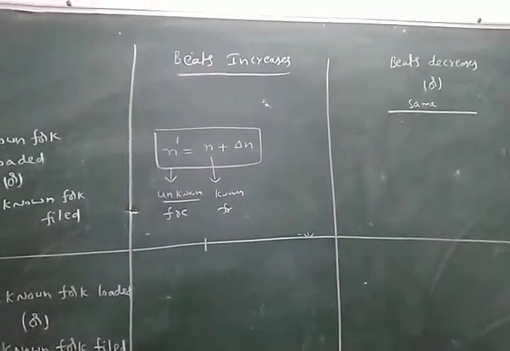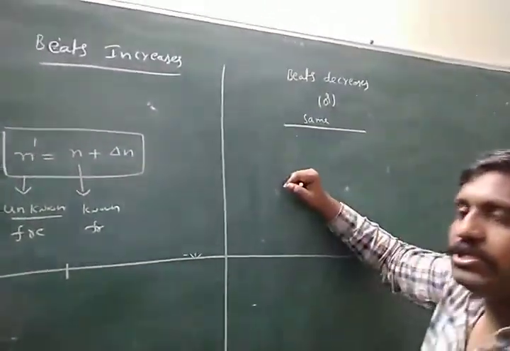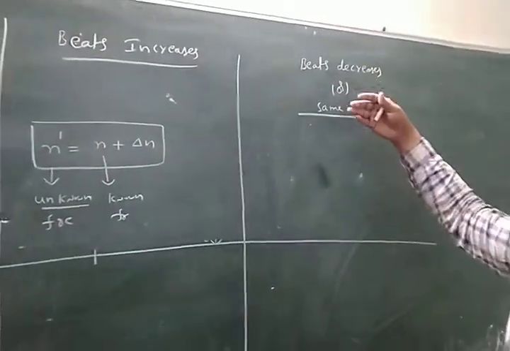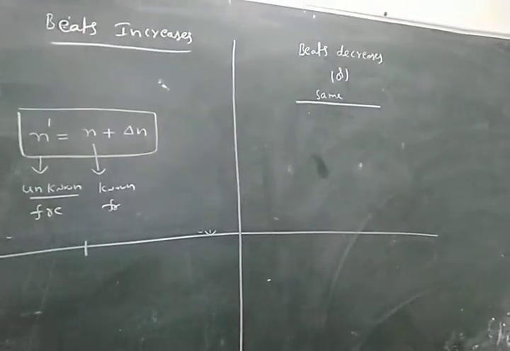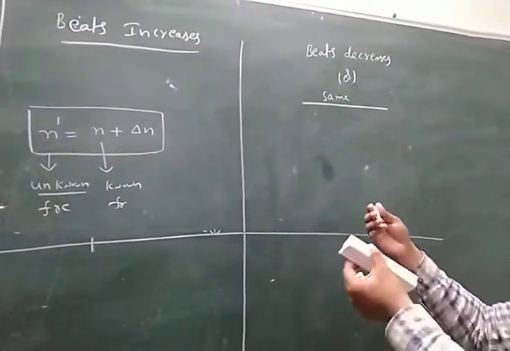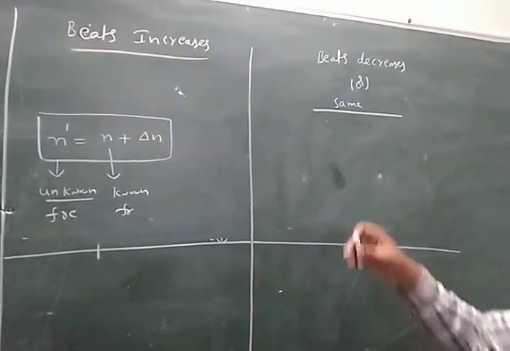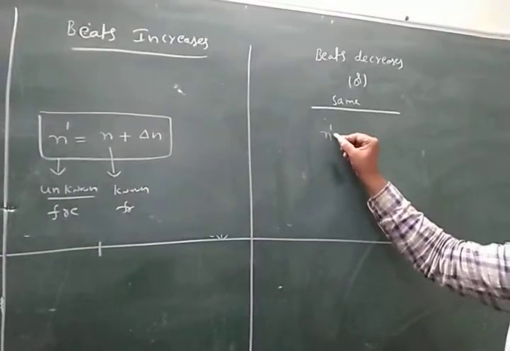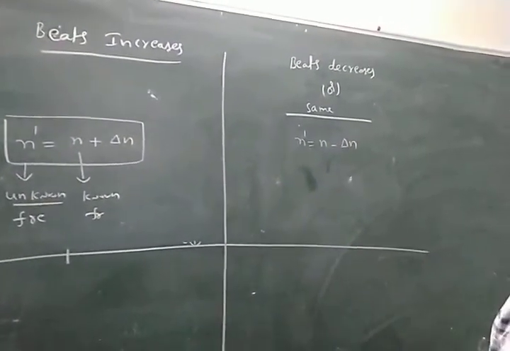In the same situation, if the initial number of beats is 4 and after some time the beats are 2, the beats decrease. Or the initial number of beats is 4 and the final number of beats is also 4, which means the beats are the same. Then this formula can be used: n dash equals n minus delta n.